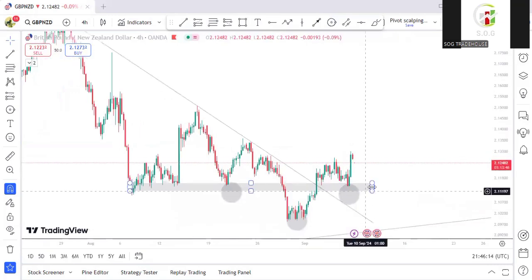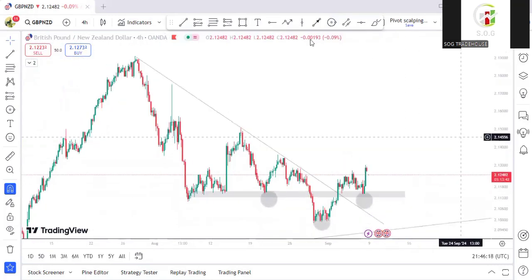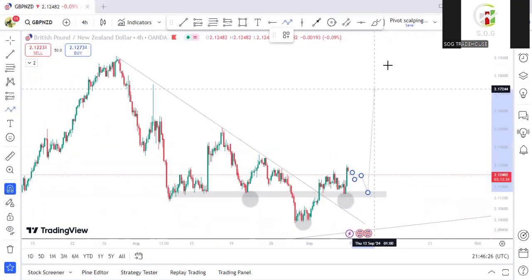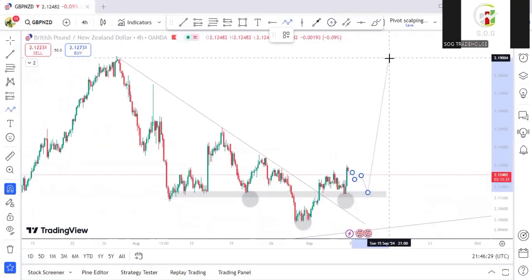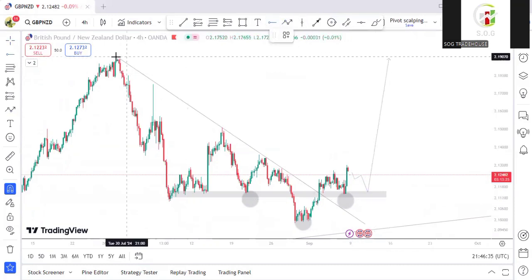So what are we anticipating on GBP NZD? We're anticipating the market to retrace, to give us a pullback back to this support level. And if we get our candlestick pattern at the support level, we'll go for longs, and our target should be this high over here.